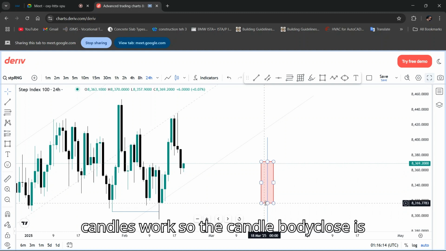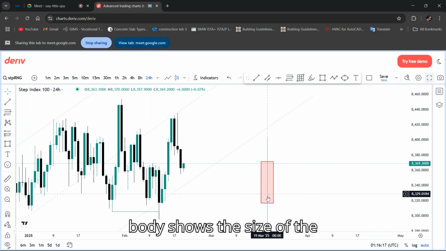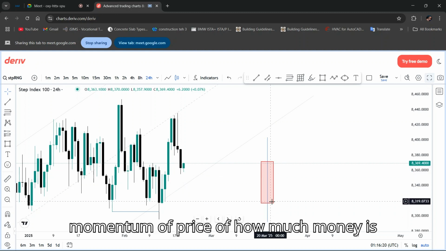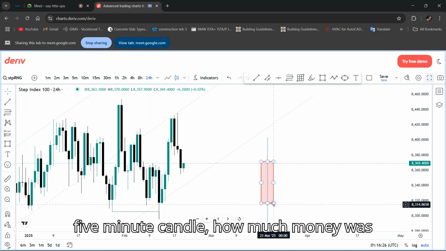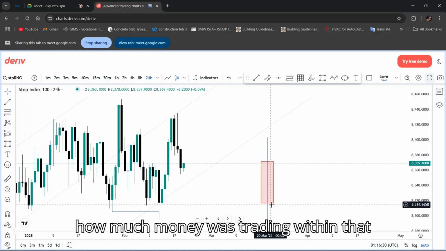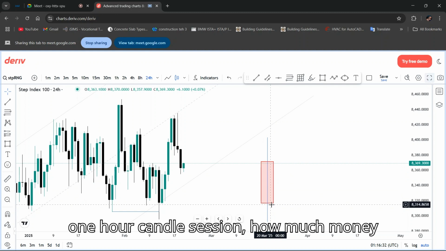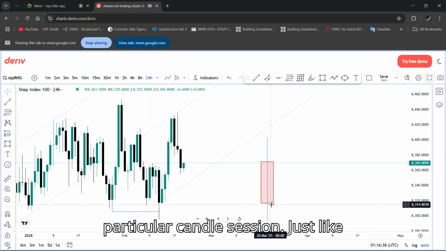So the candle body close is a significant area because the candle body shows the size of the momentum of price, how much money is trading in that particular day, that 5 minute candle, that 1 hour candle session, or that 1 day session. It shows you the amount of money that went through the market within that candle.